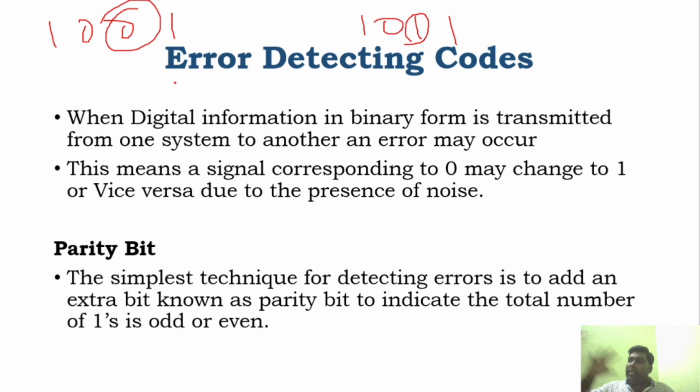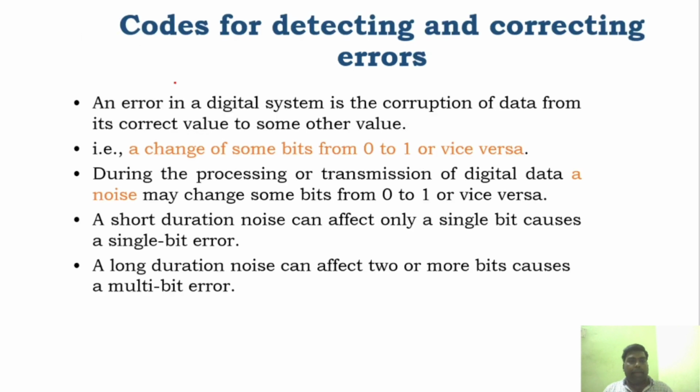The receiver will also cross verify whether it follows even parity or odd parity. If it doesn't follow the odd parity or even parity according to their understanding, then there is some error. This is how the error can be detected.